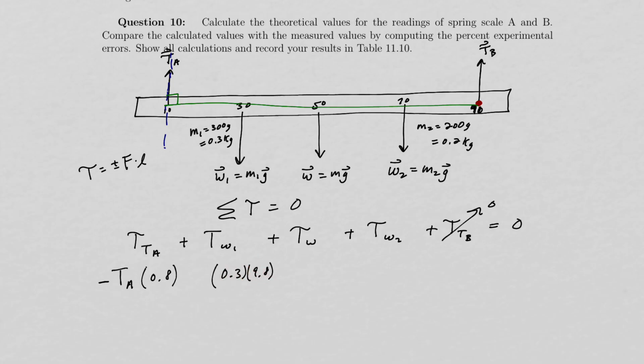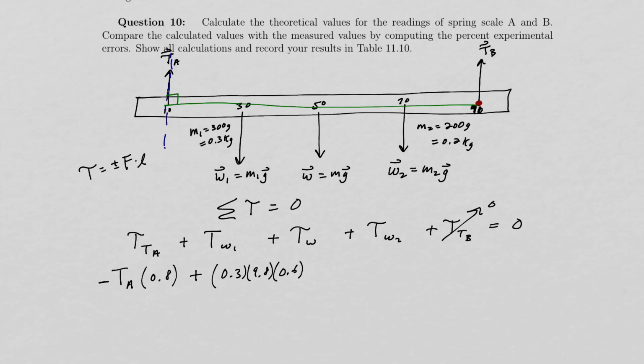Now I need to multiply that force by the moment arm. Well, what's the moment arm for that? What's the distance from the line of action of this force to the axis of rotation? This perpendicular distance is just 90 minus 30, which is 60, right? So 0.6 meters. And since that would rotate the meter stick counterclockwise, that's going to be a positive torque.